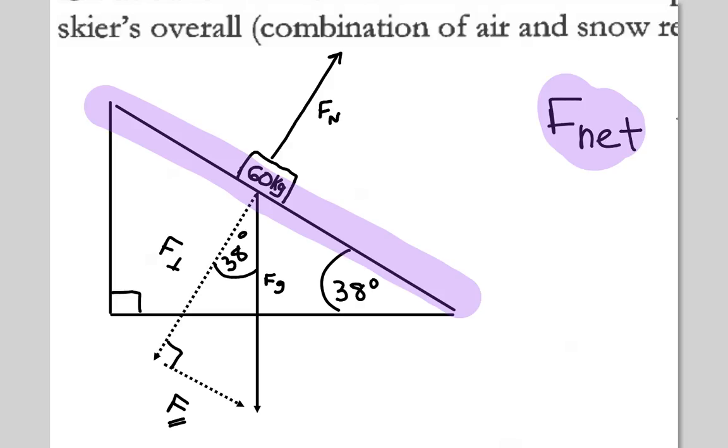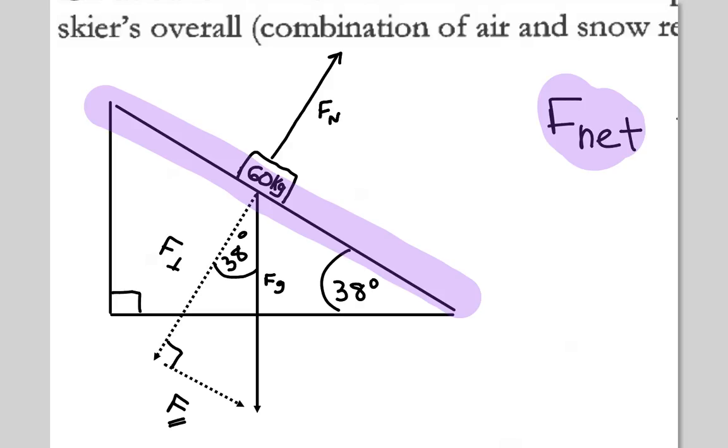Now, think about this. What makes a skier go down the hill? Gravity. But you would experience the full force of gravity if you were in free fall. Is the skier in free fall? There's a ramp. So you only experience a portion of the gravity based on this angle.